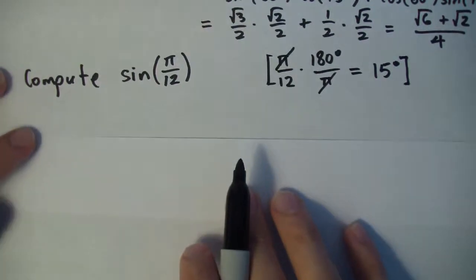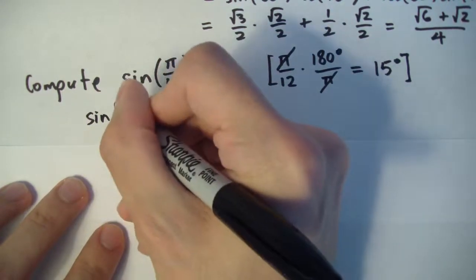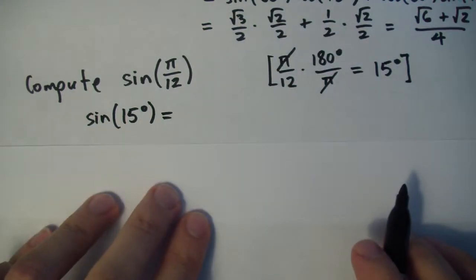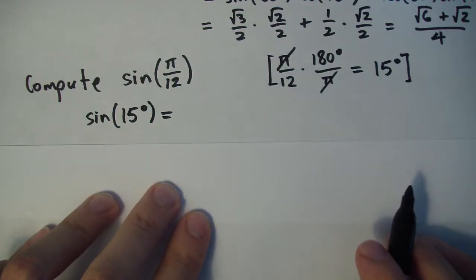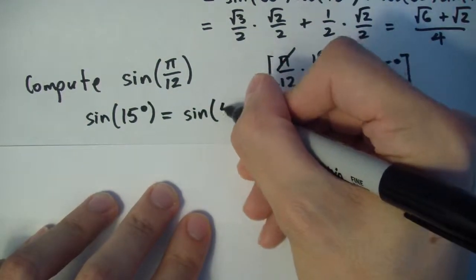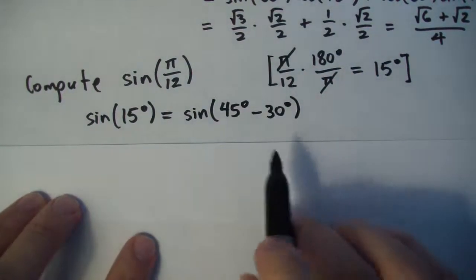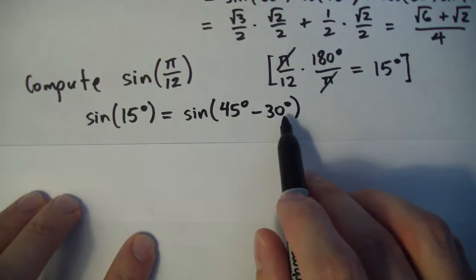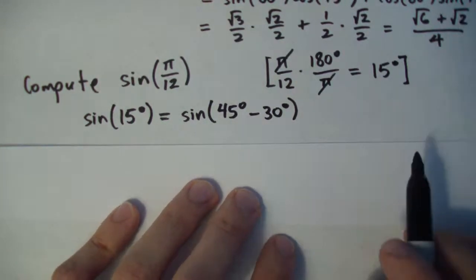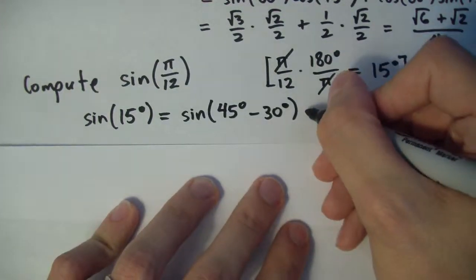But in this case, 15 degrees we can think of as a difference of angles that we know: 45 and 30, right? 15 degrees is the same as 45 degrees minus 30 degrees. And we know 45 degrees, we know 30 degrees, those are standard angles. We know all their sine and cosine values. And so we'll be able to use our difference formula to express this in values that we know.